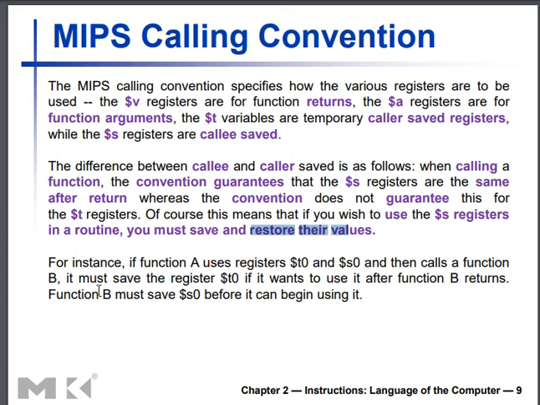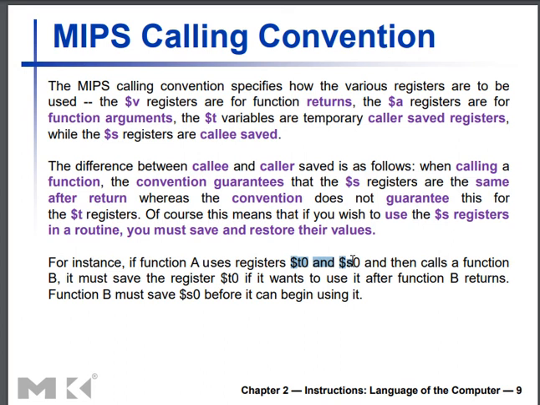Let's look into one example. Let's say function A is going to use a caller saved register and a callee saved register, for example register T0 and register S0. T0 is a caller saved register, S0 is a callee saved register.